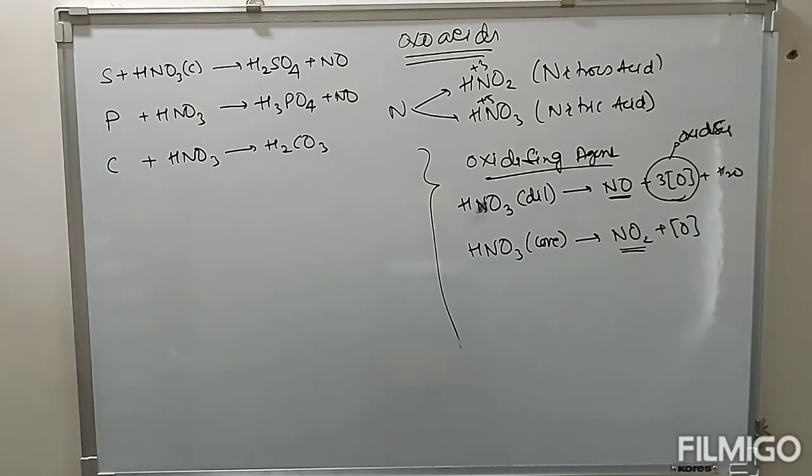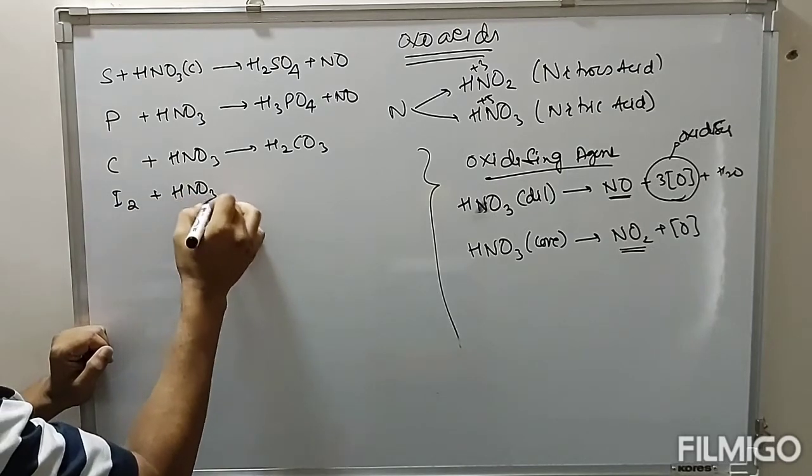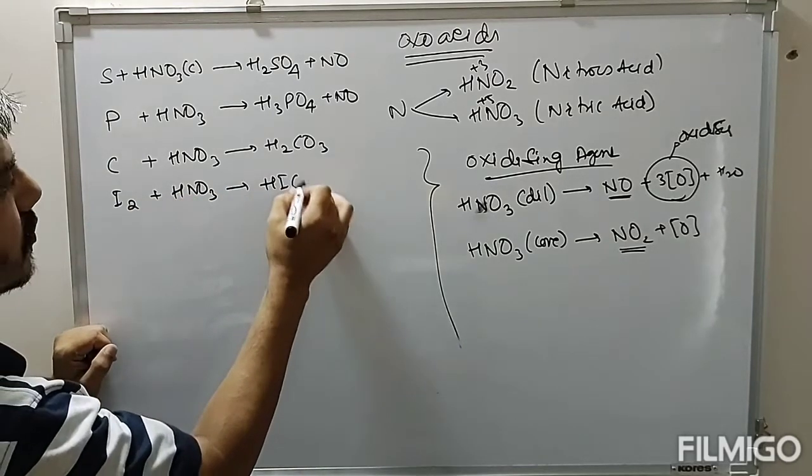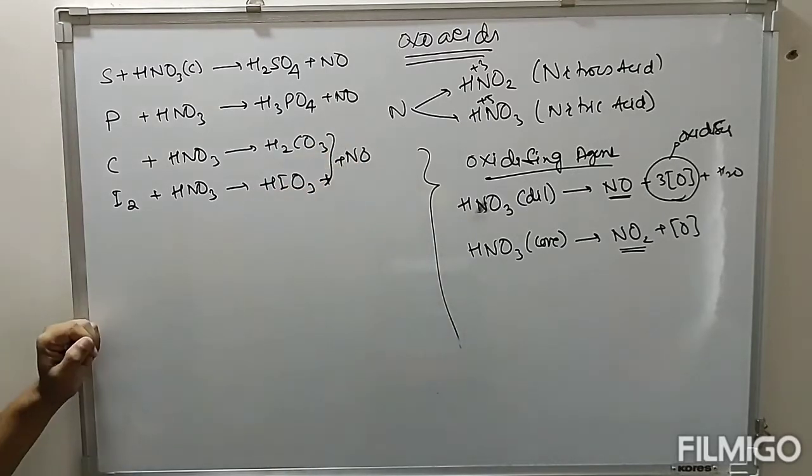So this being a very strong oxidizing agent, this oxidizes non-metals. Even iodine can be oxidized with nitric acid to give you HIO3. So in all these cases we have this.